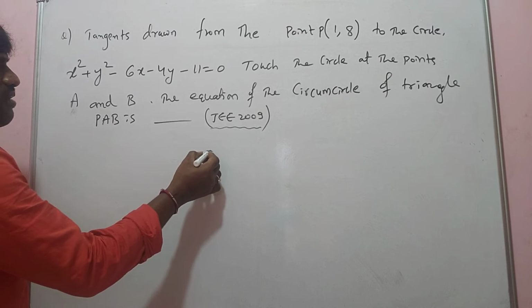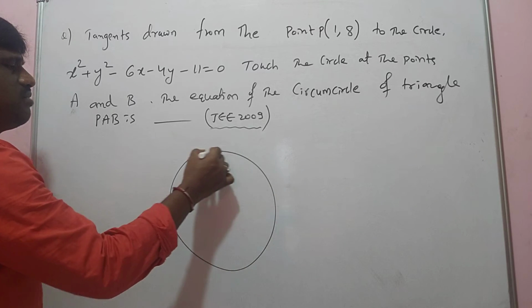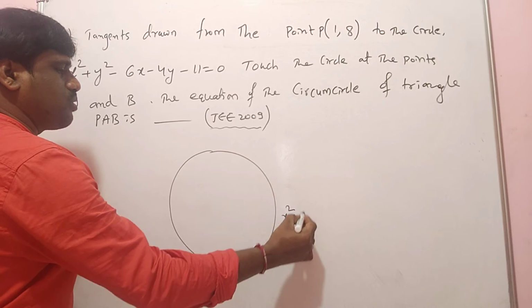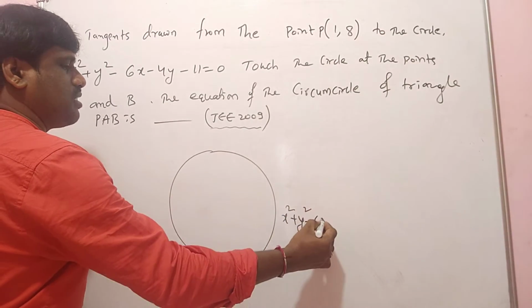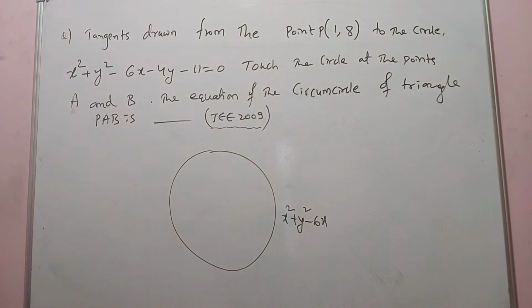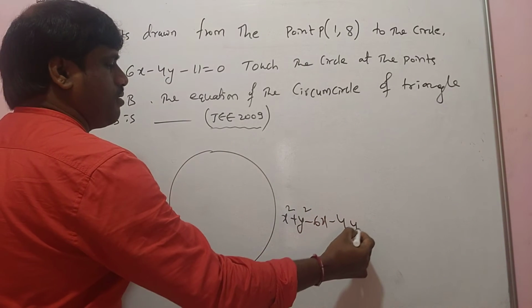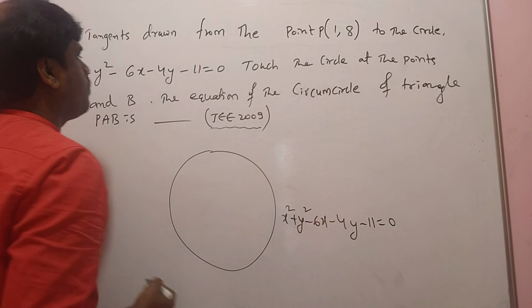What is it saying? There is one circle, and the equation of the circle is x² + y² − 6x − 4y − 11 = 0.